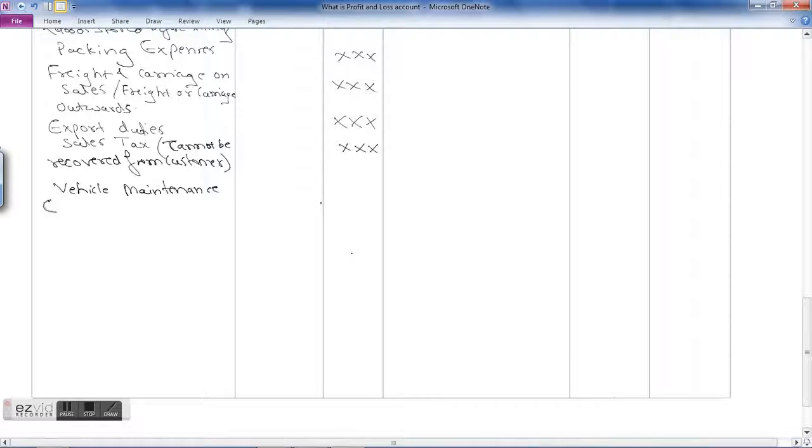Now these vehicles are used for distribution of goods, and their running expenses also, that is petrol expenses and all those things. Vehicles which are used for distribution of goods, all those will be included in your selling and distribution. Then there may be some insurance on finished goods.